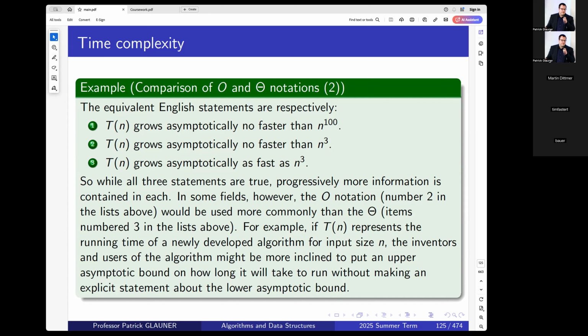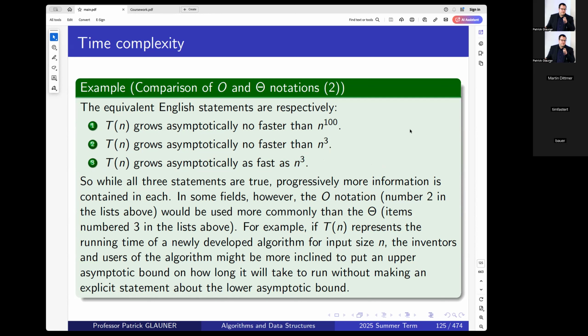And this is number 3: we can say with the theta notation that T of n grows asymptotically as fast as n to the third. Because the O says no faster, an upper boundary, but here we actually get something exact in terms of the complexity. It says it grows asymptotically as fast as n to the third.